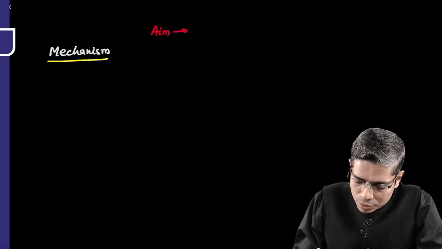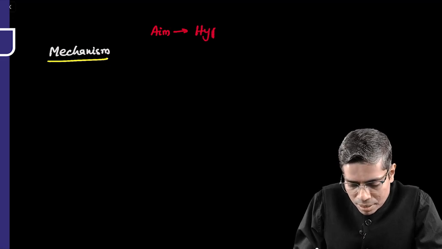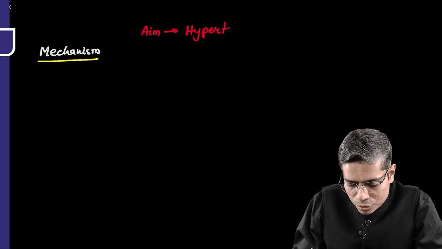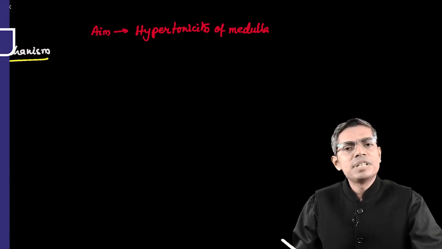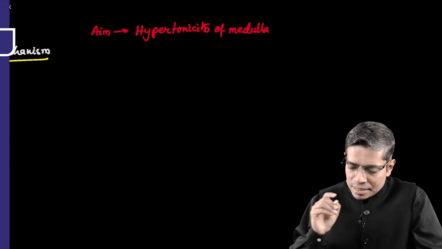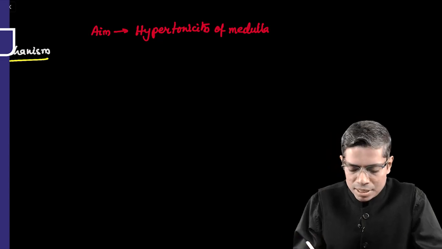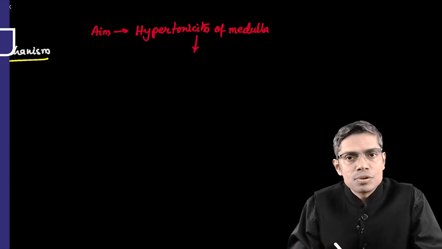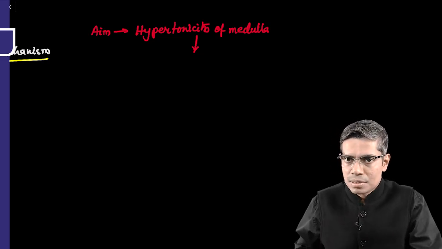That's what I'm saying. So the main aim of this system is to generate and maintain hypertonicity of the medulla. Why? If you generate hypertonicity of medulla, what will happen? If by any means you convert your medulla into hypertonic, it will lead to reabsorption of water by the process of osmosis.